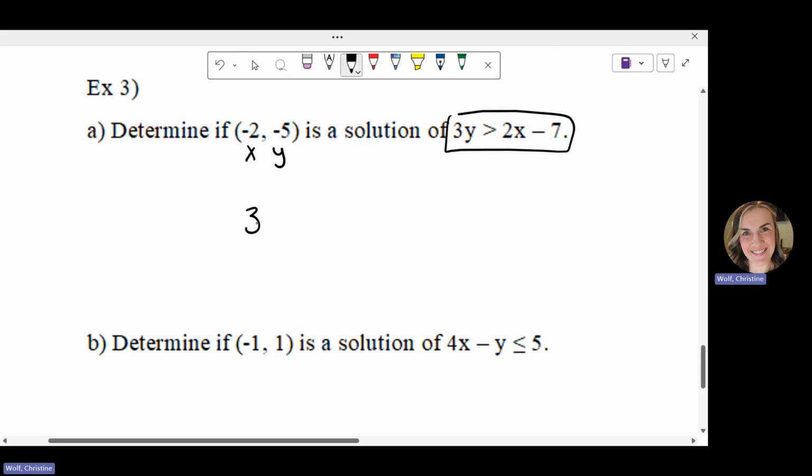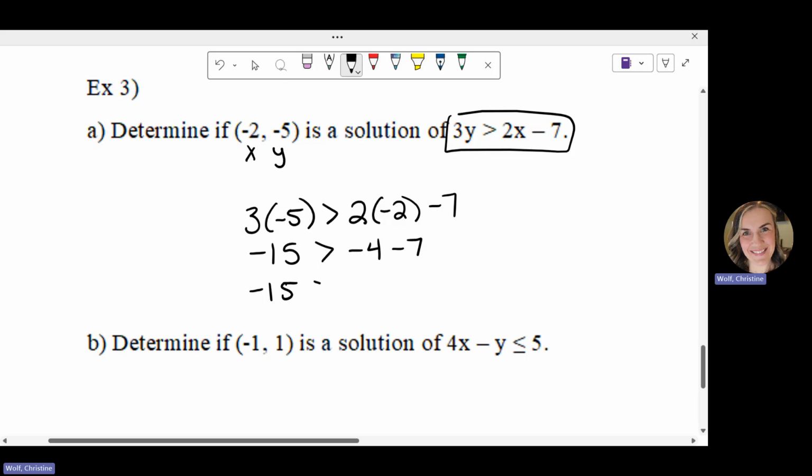So I would have 3 times y, but y is negative 5, is greater than 2 times x, but x is negative 2, minus 7. So you've got negative 15 on the left. You've got negative 4 minus 7 on the right. So in the end, don't move stuff around. Just simplify each side. You have negative 15 greater than negative 11.